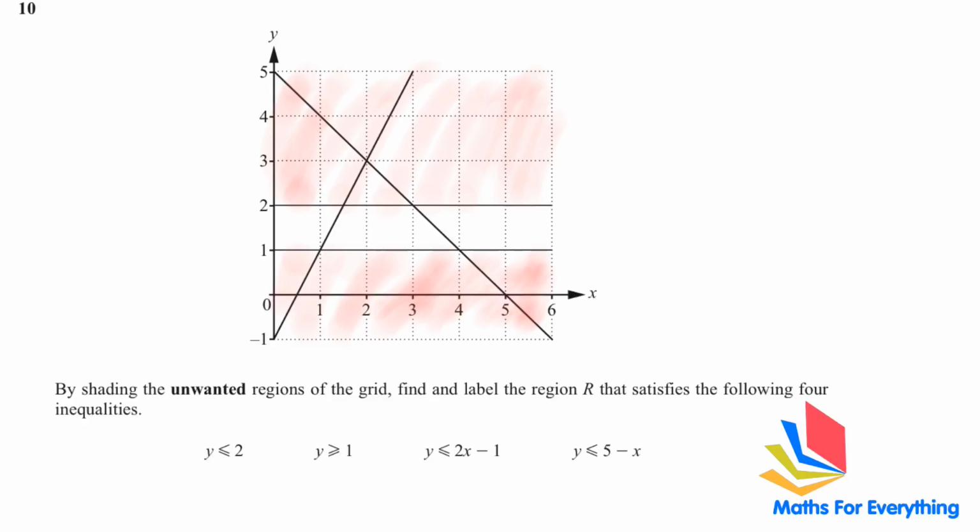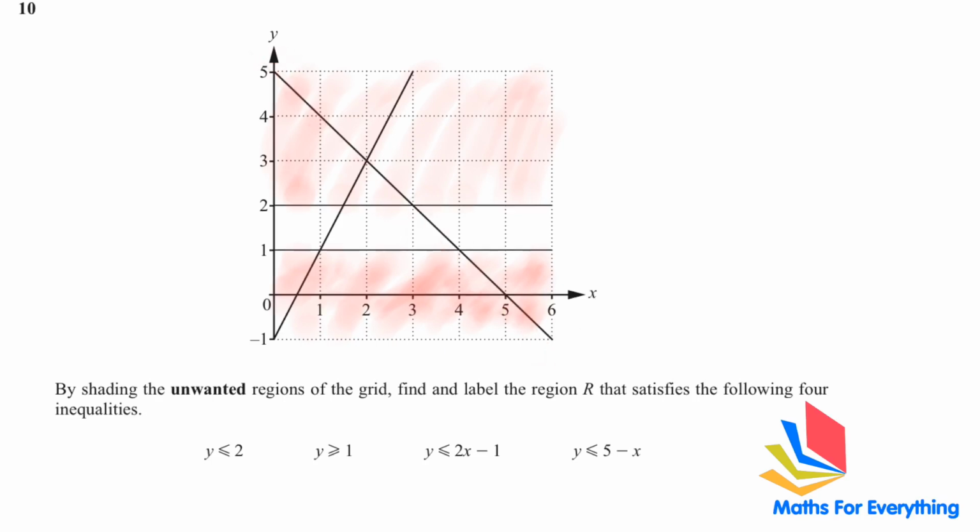And then we have y is less than or equal to 2x minus 1. So how do we know whether it is this line or this line? Remember, whenever you have y is less than or more than or equal to a number and an x, it's usually on the y-axis, y is 5, and on the x-axis, x is 5.